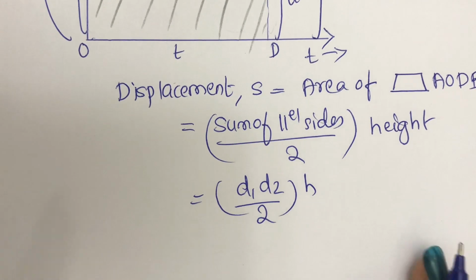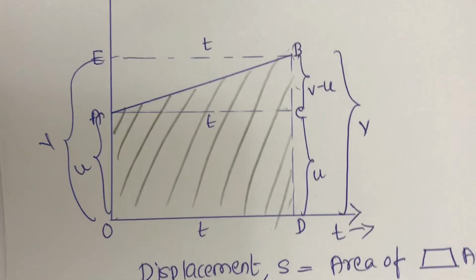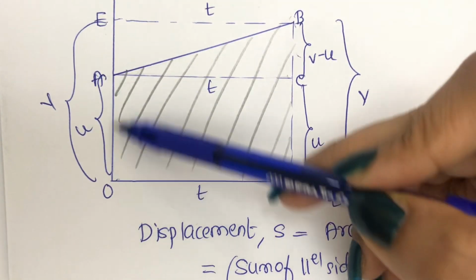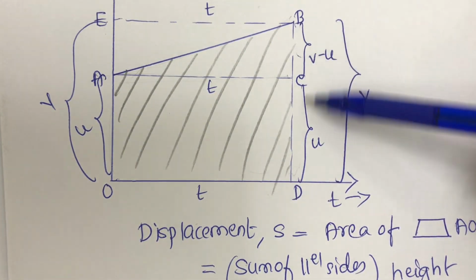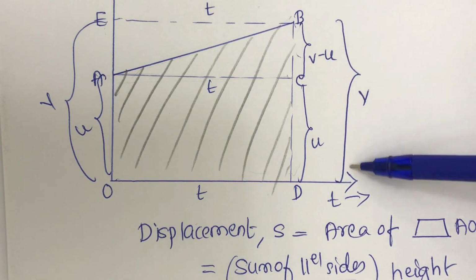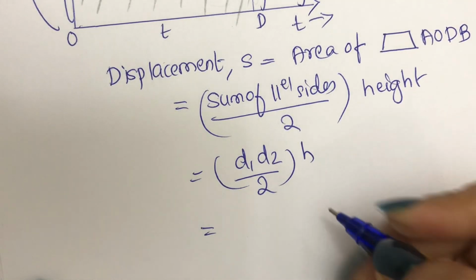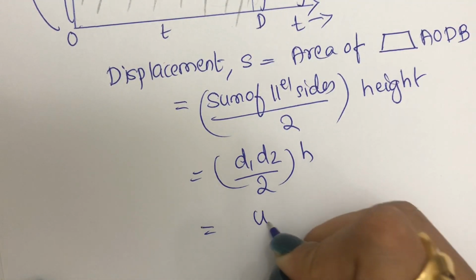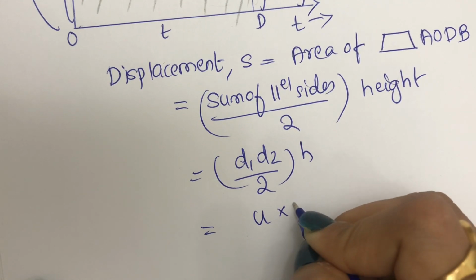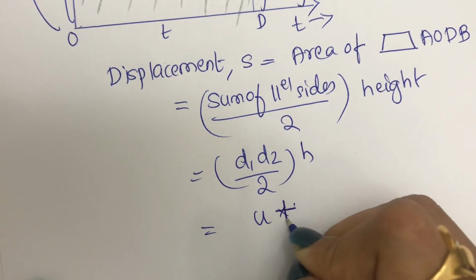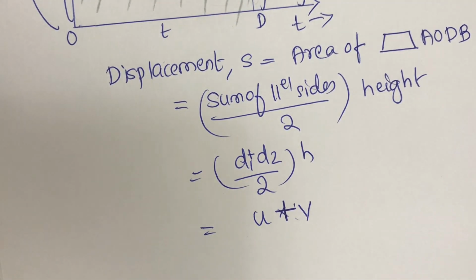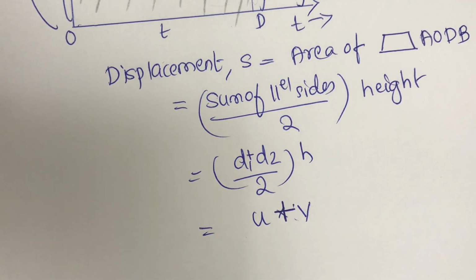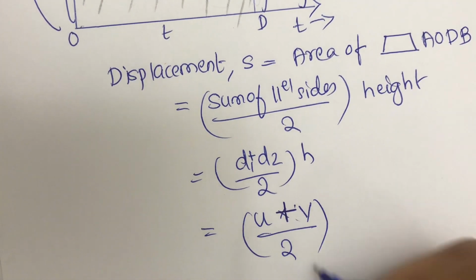So, what are d1 and d2 here? These are the parallel sides, no? So, d1 is u and d2 is v, right? So, it is sum, okay, (u plus v) by 2 into height.